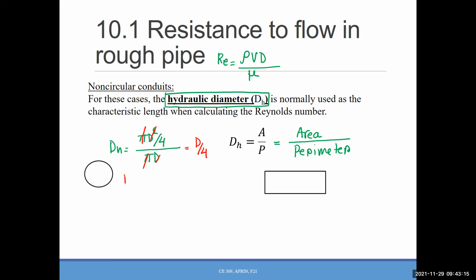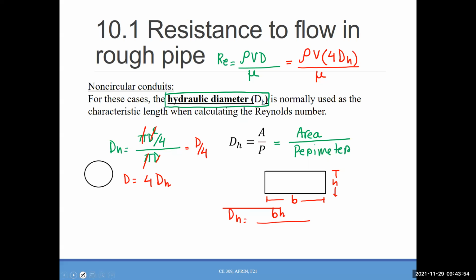That means that is the relation: D equals 4 DH. That means if I want to write down the same equation for circular pipe in terms of DH, that will be the one. Now for the rectangular pipe here, if this one is B, this one is H, what will be the DH? A is BH and the perimeter will be what?